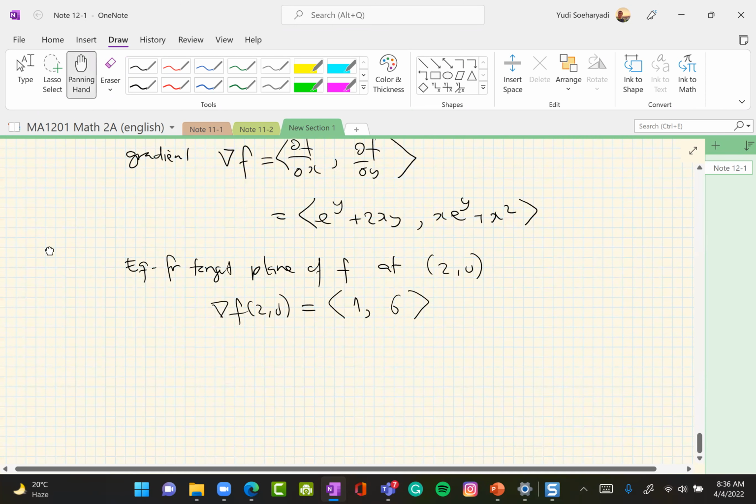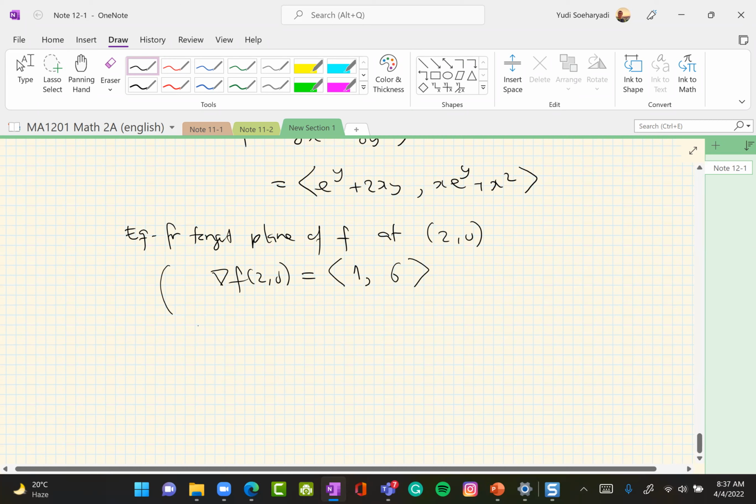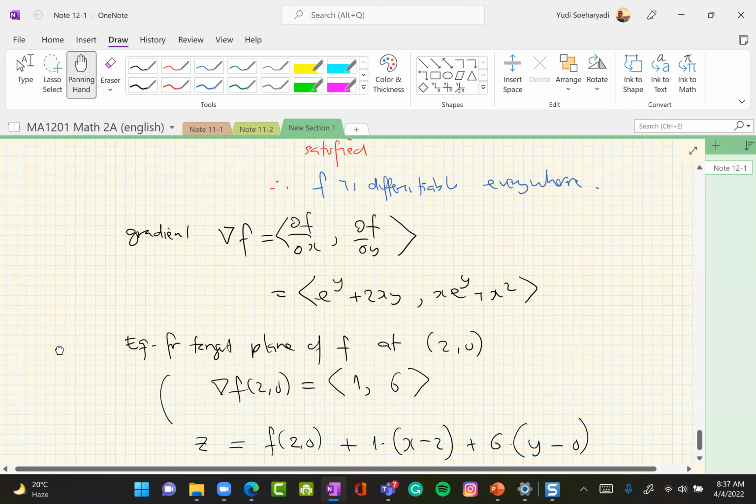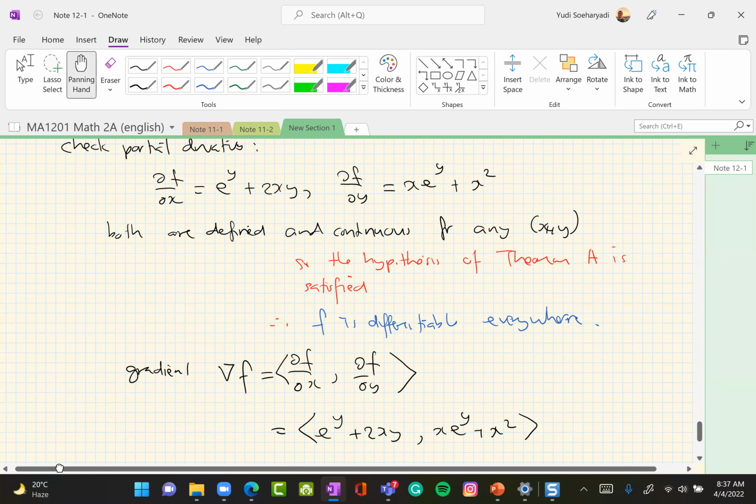All right. So the equation for the tangent plane is z equals f of 2, 0, well, we haven't computed it, plus 1 times x minus 2 plus 6 times y minus 0.